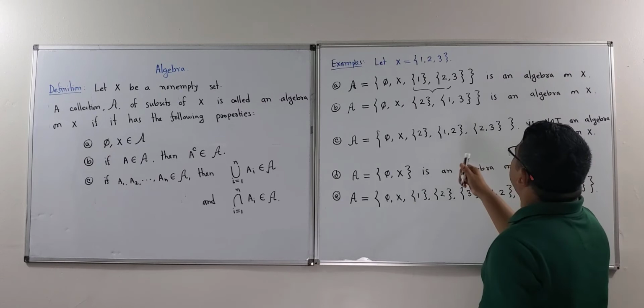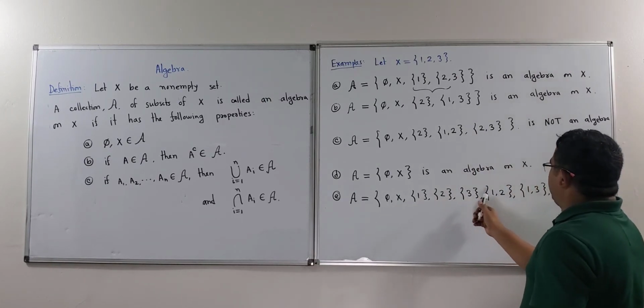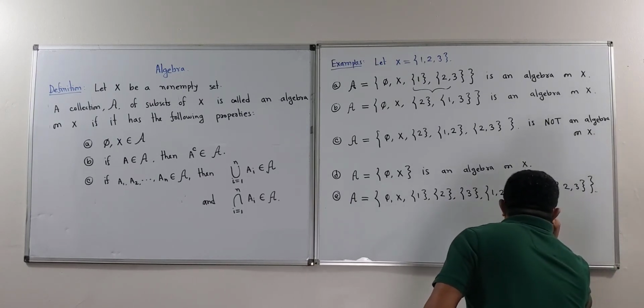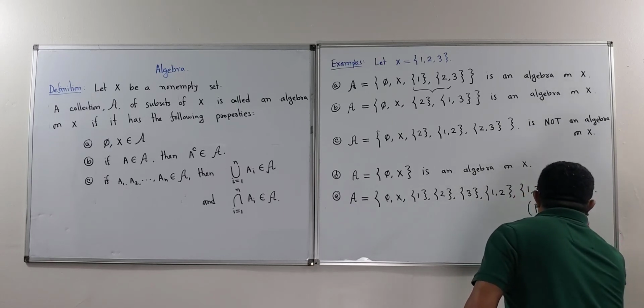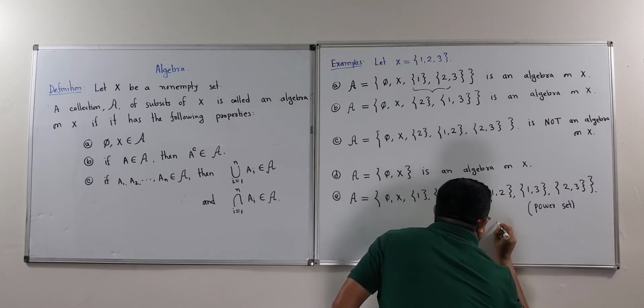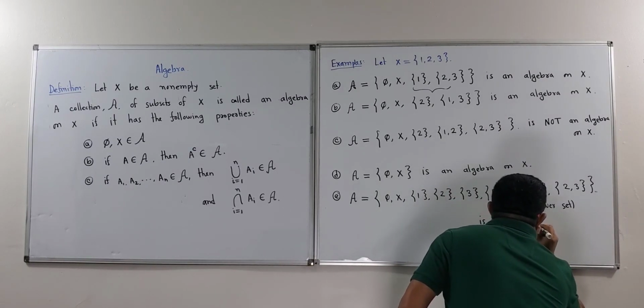Since it has 3 elements, there should be 8 subsets. 1, 2, 3, 4, 5, 6, 7, 8, 8 subsets. So this is the power set. And the power set is also an algebra on X. Always, this is always.